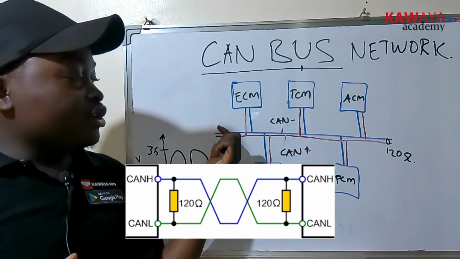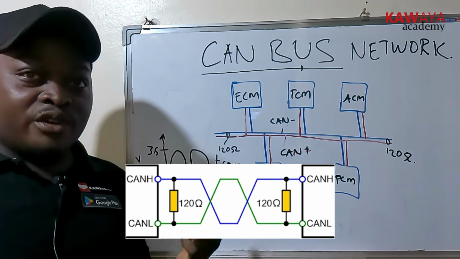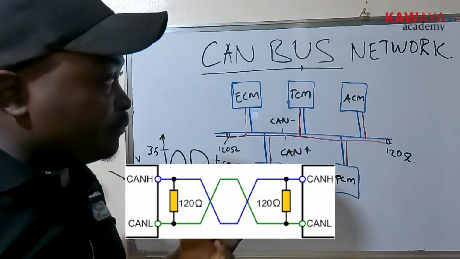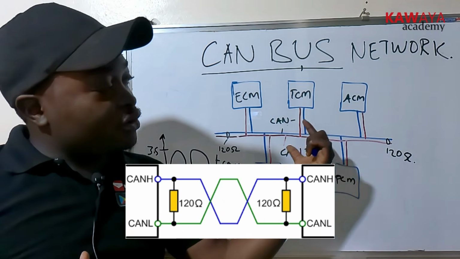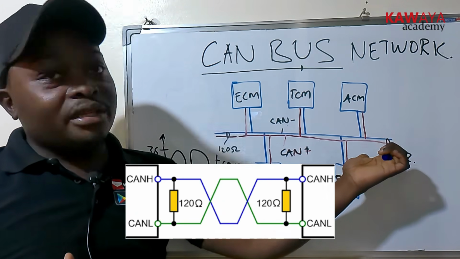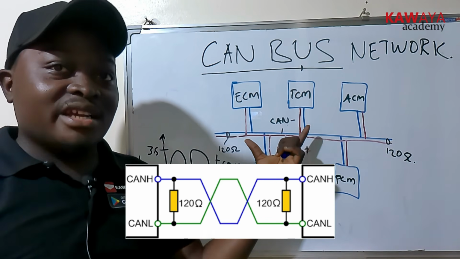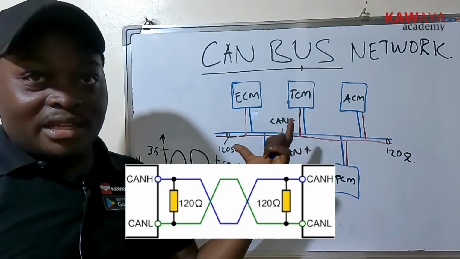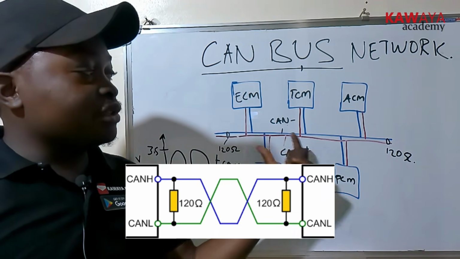The reason they put these resistors is to avoid echoing in the system. The system depends on signals, so if signals travel through the CAN bus wires and end up at the extreme point, and are not absorbed by the resistor, they come back and disorganize our system, and the computer will have wrong readings.